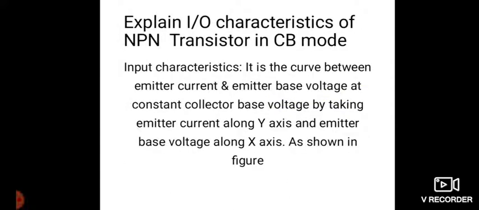Now, coming to the input output characteristics of NPN transistor in common base mode. To plot the input characteristics in common base mode, a curve is drawn. The input characteristics is the curve between the emitter current IE and emitter base voltage VBE at constant collector base voltage VCB, by taking emitter current along y axis and emitter base voltage along x axis as shown in figure.